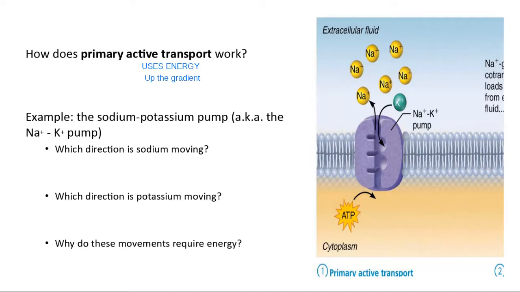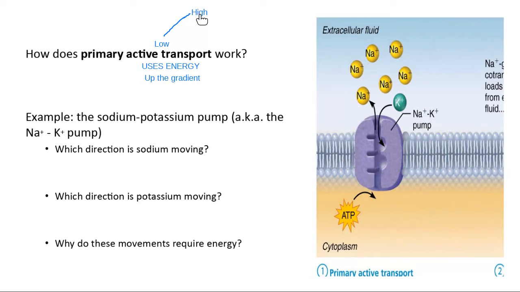So remember, we literally talked about thinking about how we move things as a hill. If I've got a hill, I can either go from high concentration to low concentration, that's going down the hill, or I can go from low concentration to high concentration.